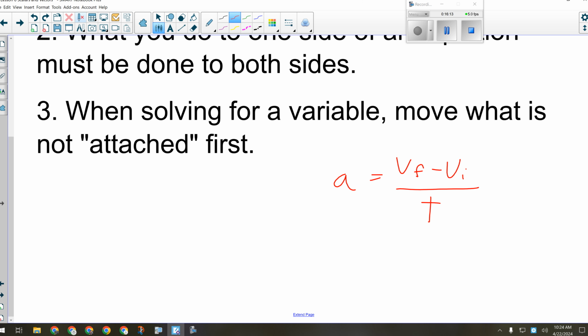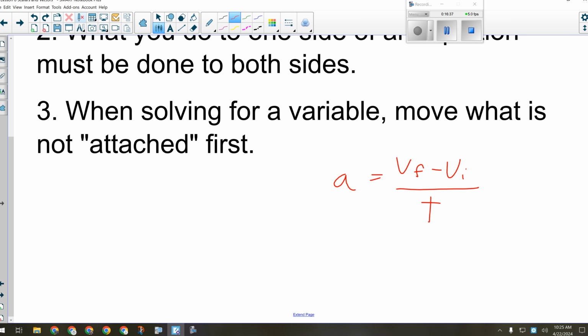This is where the third rule comes in. What do I move first if I'm looking to solve for VF? I should move what's not attached to VF. Is t attached to VF? It's not.